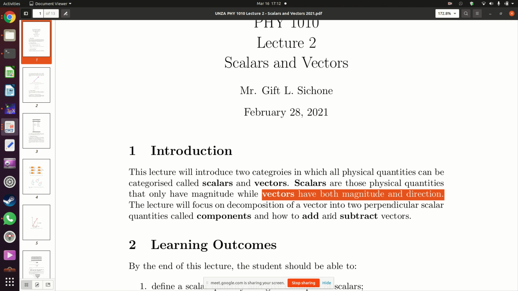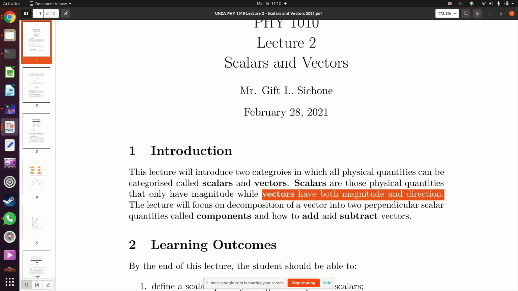Distance is a scalar. You just talk about the size which has been covered by a particular object. Then there is displacement, which is distance in a specific direction. There is how much distance you have covered, and there is also information about the direction in which this distance was covered. So basically, that in a nutshell is what scalars and vectors are.